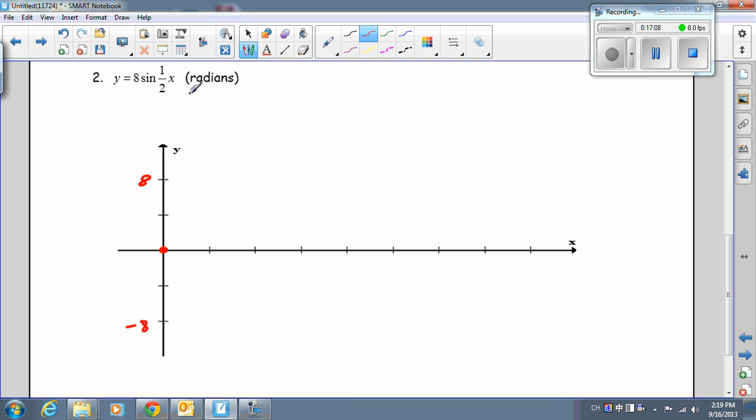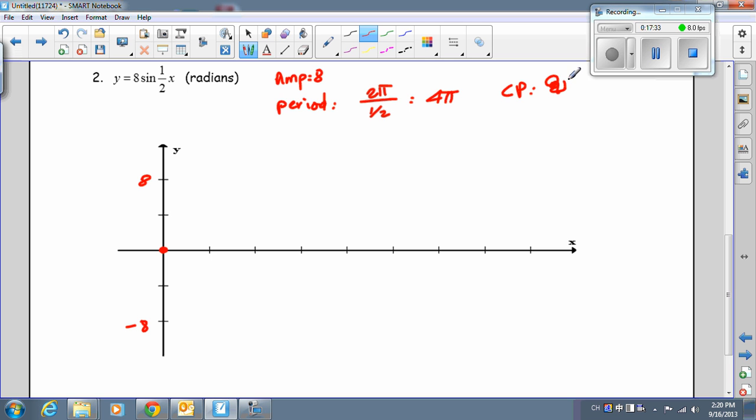So let's first say the amplitude is 8. The period is equal to 2 pi over 1/2, which is equal to, of course, 4 pi. And the critical point is 90. Actually, instead of 90, I would say pi over 2.